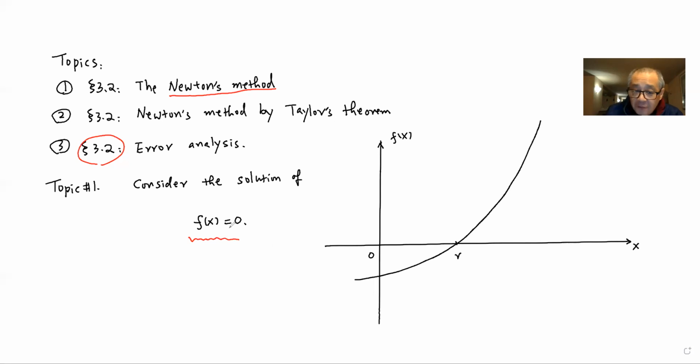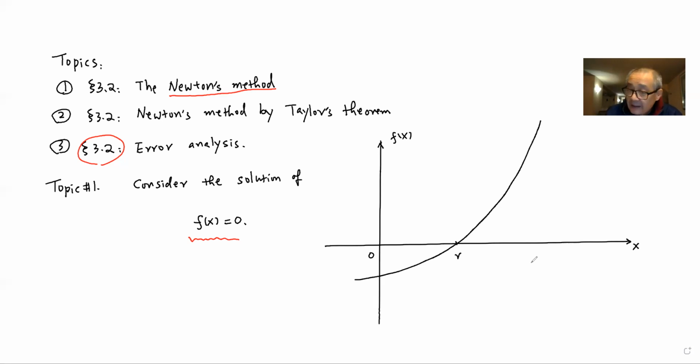Let me plot the graph of function f. Of course, I assume function f is continuous. In practice, in some cases, it is difficult to know whether the function is continuous. But anyway, let me assume f continuous.